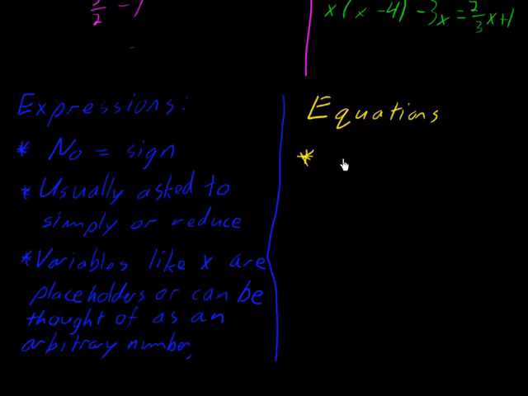So equations always have an equal sign. When you're given an equation as a homework problem, usually what you're asked to do is to solve the equation. So with expressions, you're asked to simplify or reduce. With equations, you're usually asked to solve.